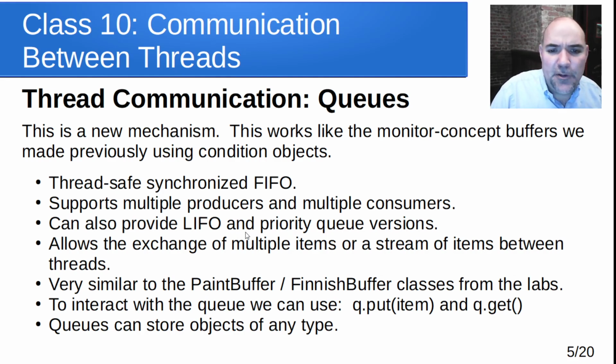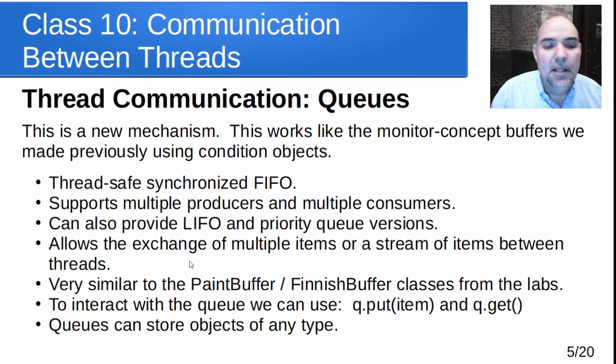I'll mention how you create these, but we're not going to spend a lot of time today looking at where you would use those. Just know that you can create a LIFO queue or a priority queue. I'll show you how to do that, but not necessarily the use case or the pattern where you would use it today.